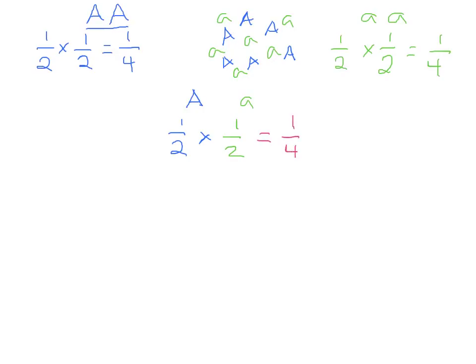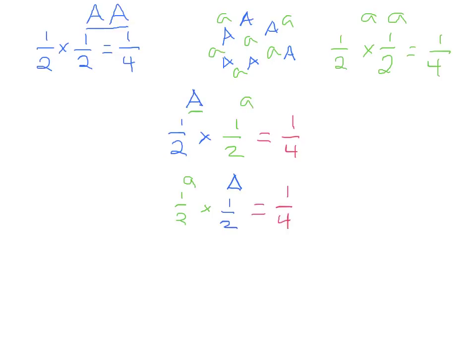So another 25% probability that I end up with a heterozygous individual. Well, there's nothing to say that I have to pull out a capital A first. I could pull out a lowercase a first. So my chance of pulling out a lowercase a, again, is 1/2, and my probability of pulling out a capital A is also 1/2. So we put those together, and we end up with another 25%.